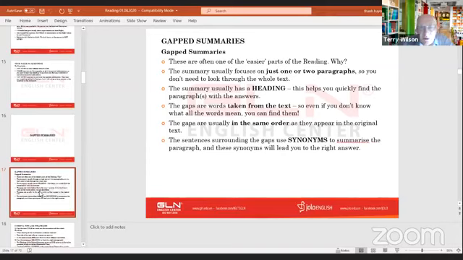The gaps are words taken from the text, so even if you don't know what all the words mean, you can find them. And the gaps are usually in the same order as they appear in the original text. The sentences surrounding the gaps use synonyms to summarize the paragraph.